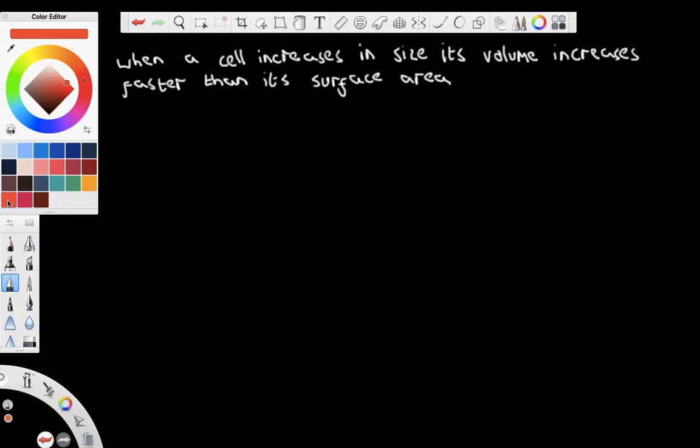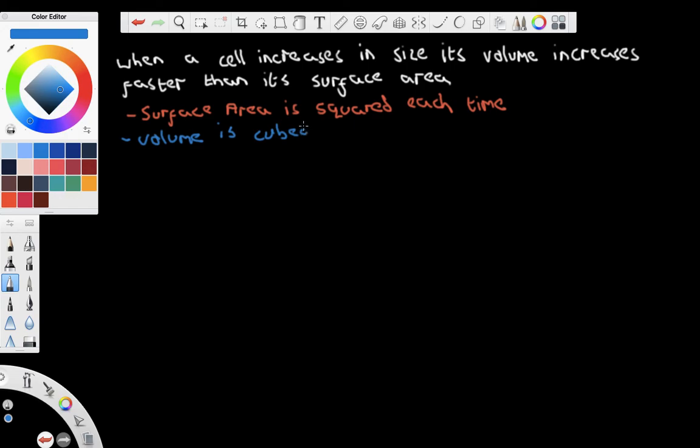So we can say that surface area is squared each time, but we can also say that volume is cubed each time. Okay, so the volume increases much faster than the surface area.